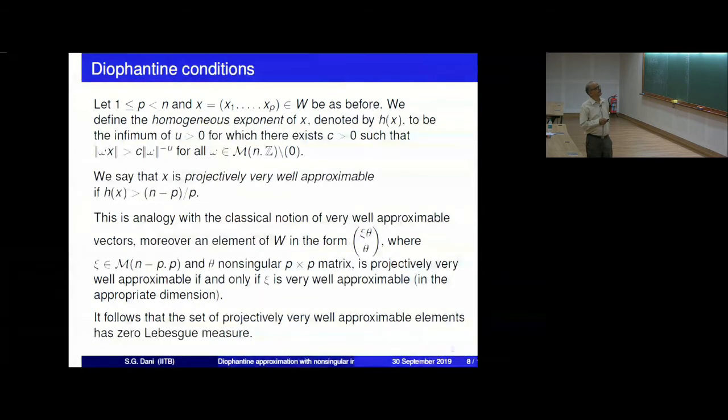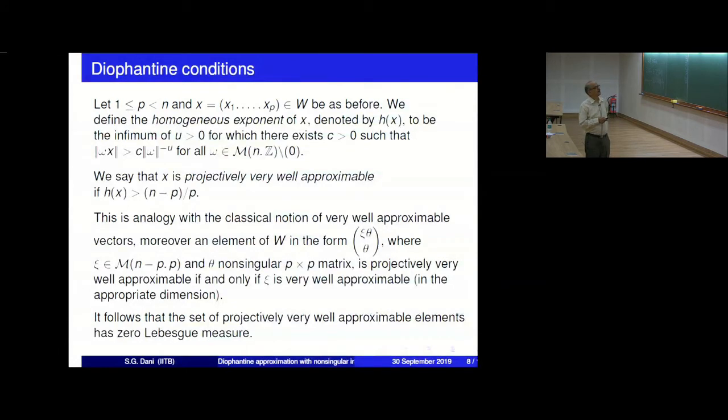It's the infimum of u greater than 0 for which there exists a constant c such that the norm of this, omega x, is greater than some constant times omega raised to minus u, and this should hold for all integer matrices of size n. I'm thinking of this as a matrix with n rows and p columns.